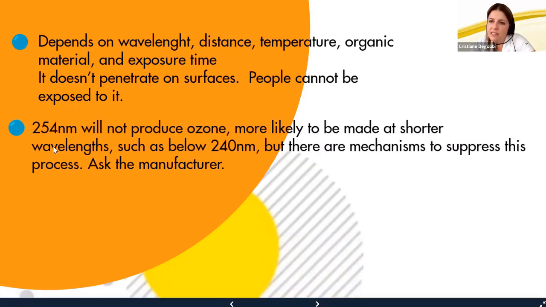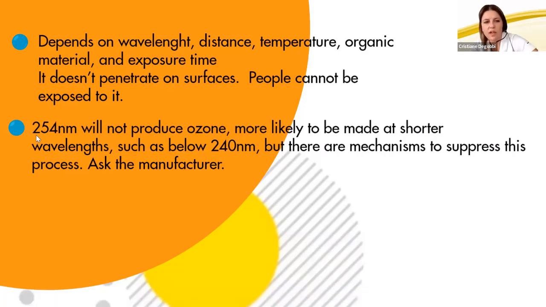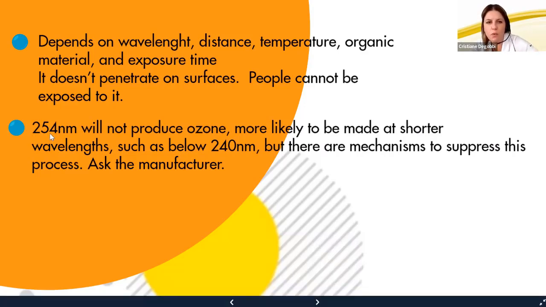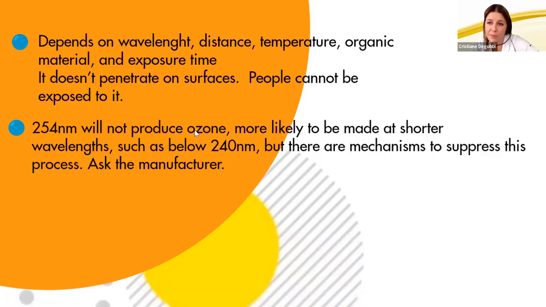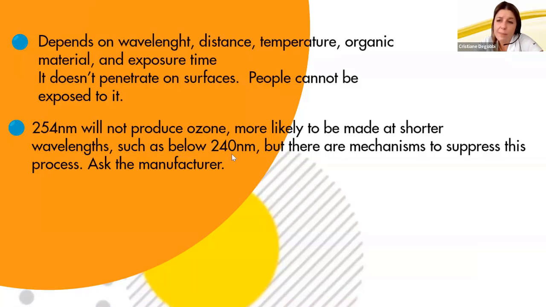If you're interested in this type of technology, usually the manufacturers will use this wavelength here, 254, that will not produce ozone, because some of them can produce ozone as a byproduct. And remember, it is a pollutant and we do not want to release that into the air. So most likely the shorter wavelengths below 240 are going to be the ones releasing ozone. But some manufacturers do have some other materials that they can add to suppress this effect.